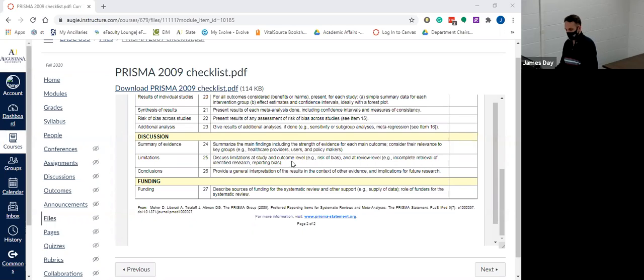This is where now, opposed to just doing what you did earlier, where you tried to decrease the amount of words that you use to describe the evidence, now you can expand more and interpret what that means.